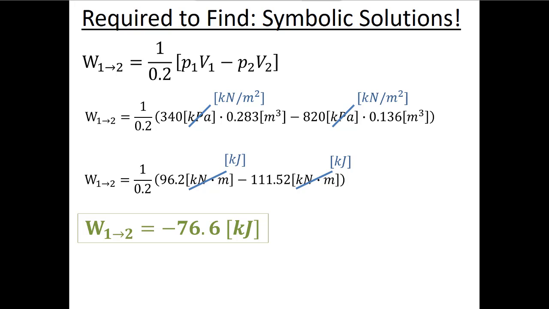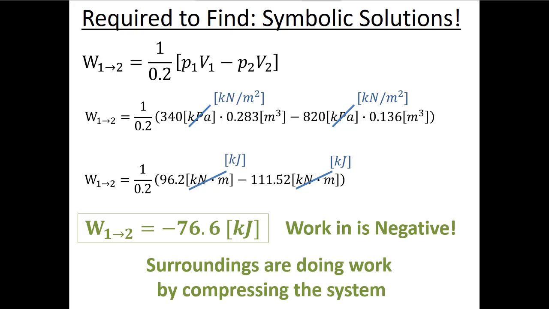So this is work in, and we know that work in is negative. So it does make sense that this work term is negative. Any time in a closed system, if our volume is getting smaller and we're compressing something, we should be doing work on our system. So here work in is negative, and that physically tells us that the surroundings are doing work by compressing the system.